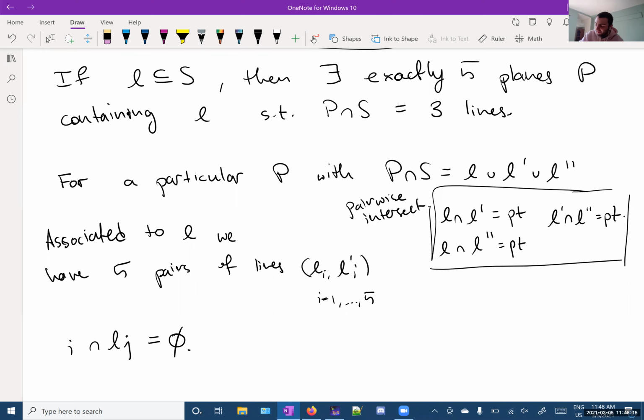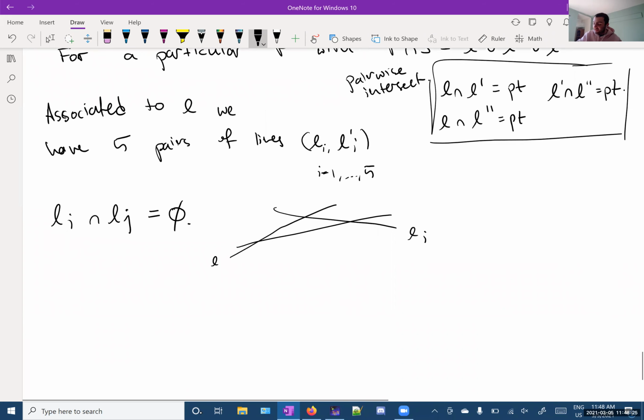The reason for this is just that if I have L here, and I have L_i here, and I have L_j here, then that means that they're all contained in a plane. But the plane containing L_i and the plane containing L_j are different planes. So this is a contradiction.